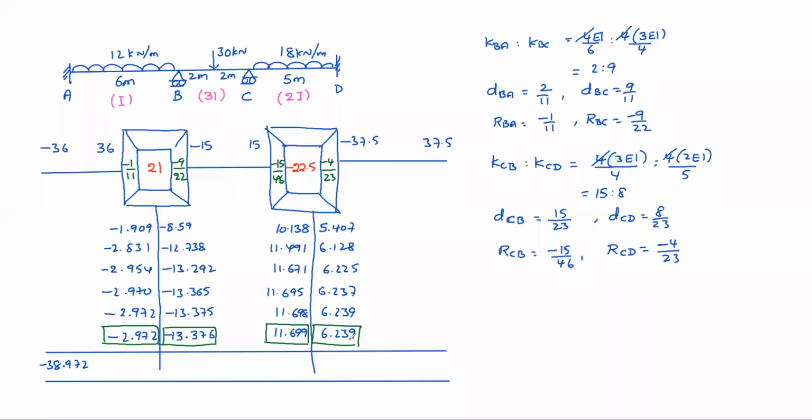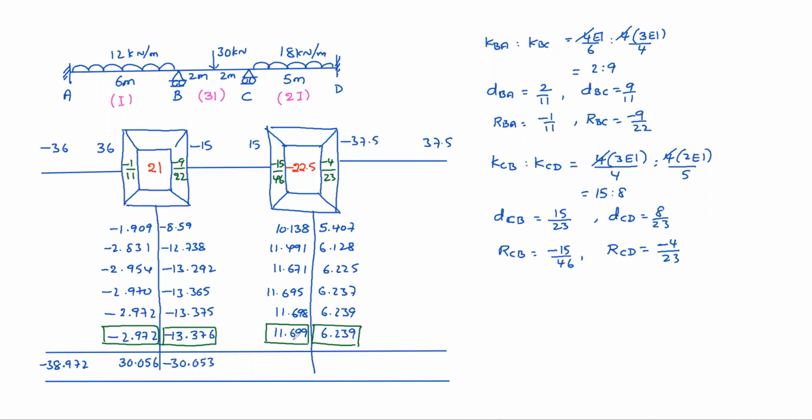Then 36 plus 2 times of minus 2.972 plus 0, how much? 30.056. Similarly, minus 15 plus 2 times of minus 13.376 plus 11.699, minus 30.053.